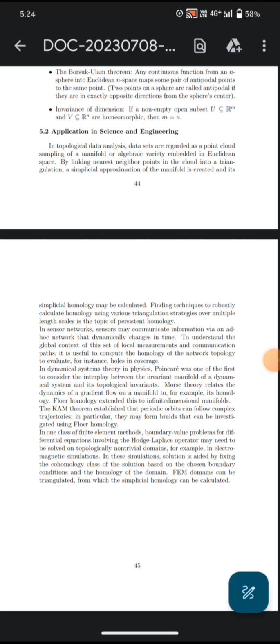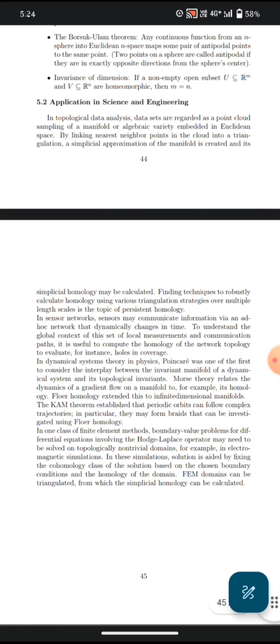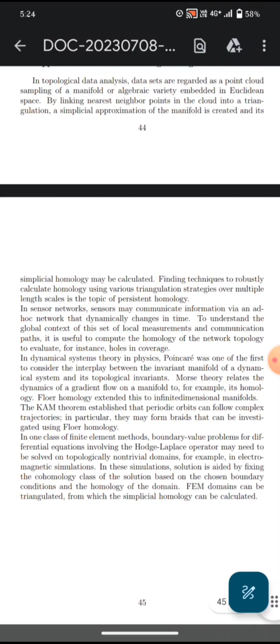In system theory in physics, Poincare was one of the first to consider the interplay between invariant manifolds of a dynamical system and topological invariants. Morse theory relates the dynamics of gradient flow on manifolds to its homology.